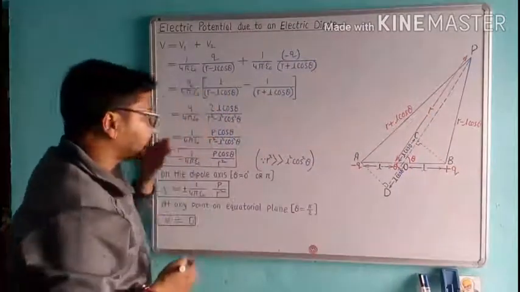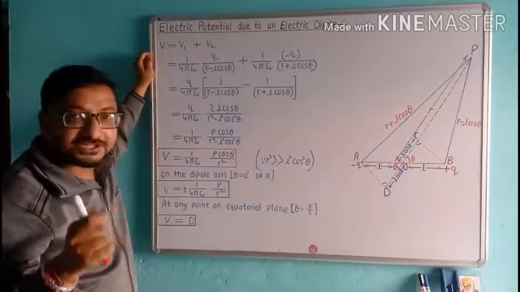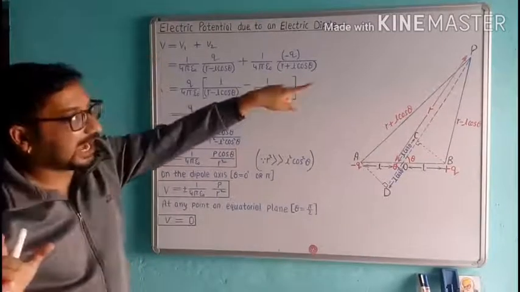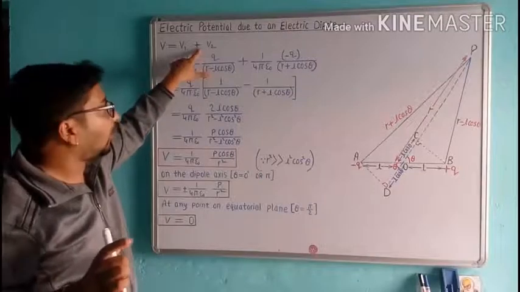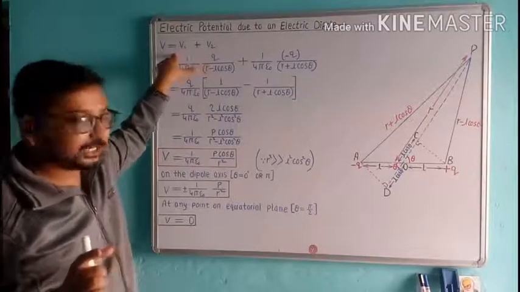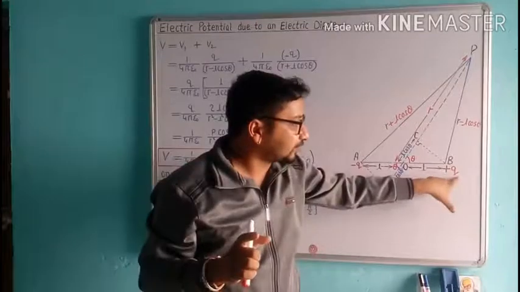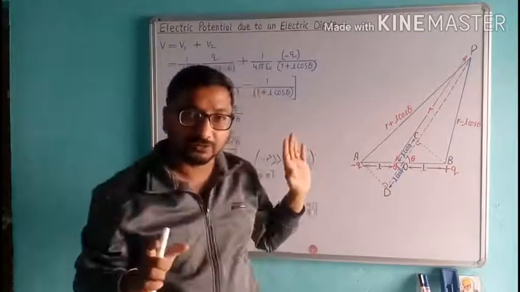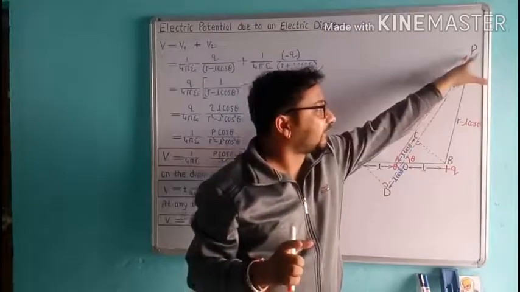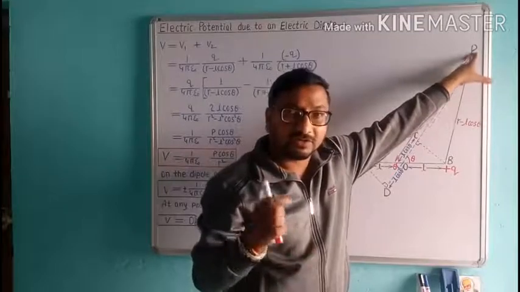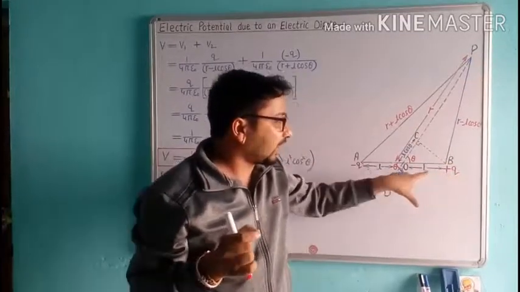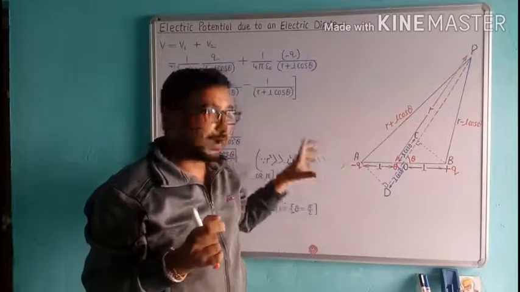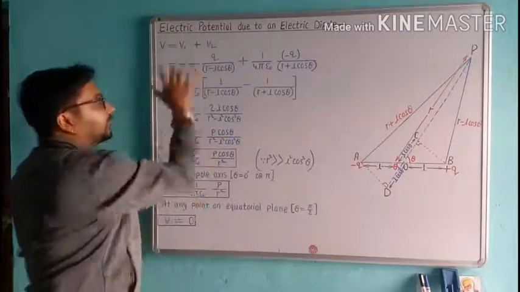Now the net electric potential at point P will be the algebraic sum of the electric potential due to plus q charge and minus q charge, that is V1 plus V2.